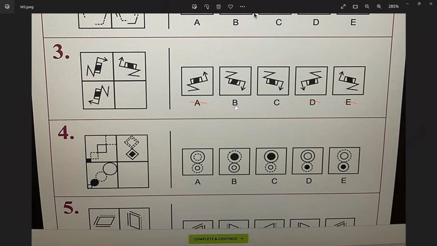And then when this shape gets rotated, the line would be pointing like this, kind of. So it's not C. Wait, actually, let me double check that. Okay, so let's see.